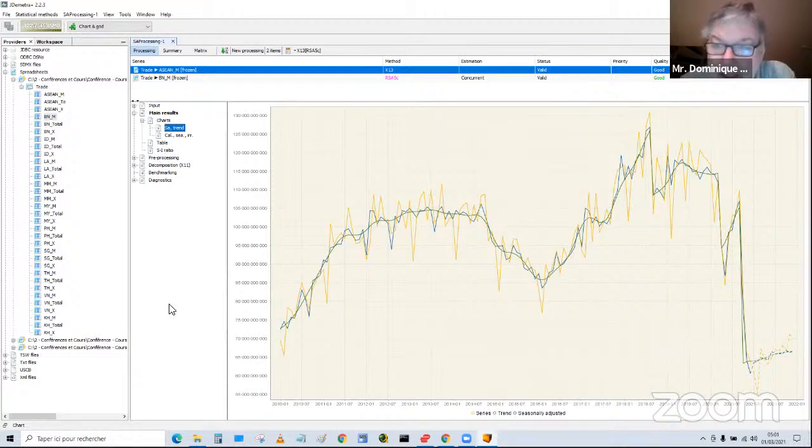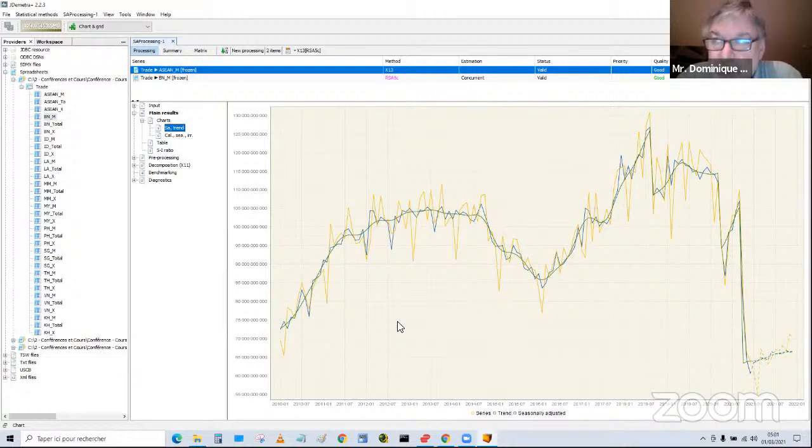In JDemetra, can we just put this additional GDP information here? No, you cannot. At the moment, JDemetra+ is not able to deal with that. It's a seasonal adjustment software, not a time series analysis software, not yet.